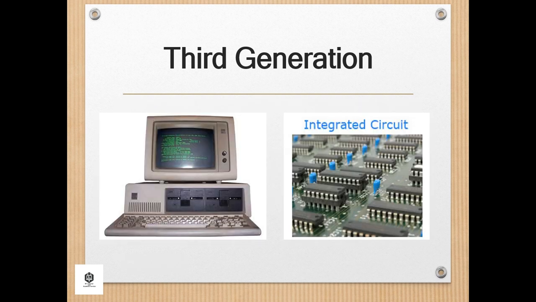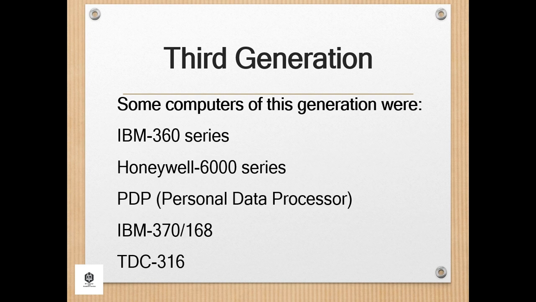The main features of third generation are IC use, more reliable in comparison to previous two generations, smaller size, generated less heat, faster, lesser maintenance, costly, AC required, consume lesser electricity, supported high-level language.